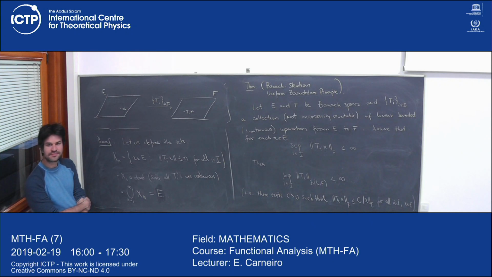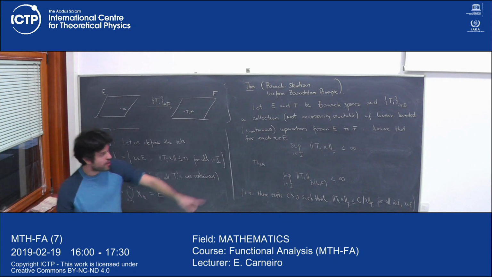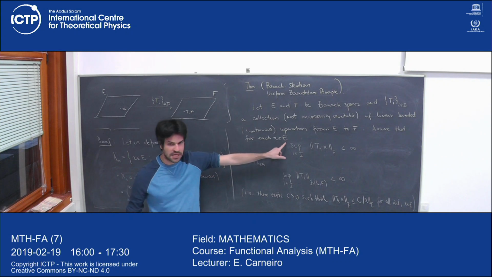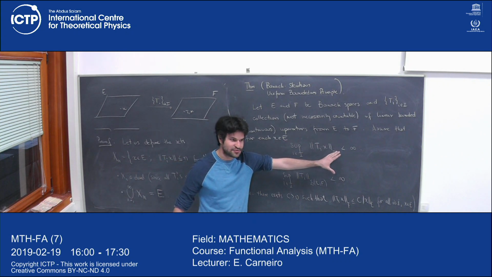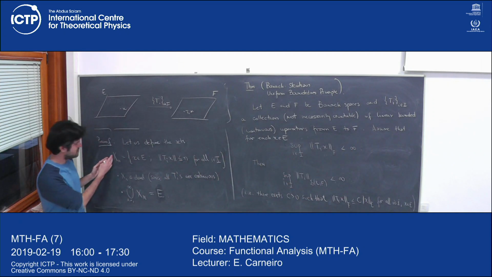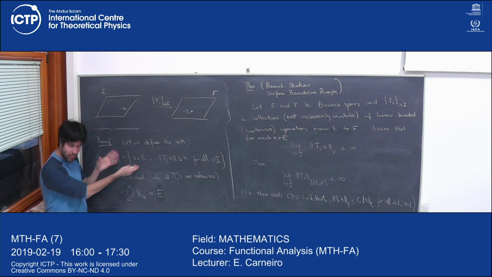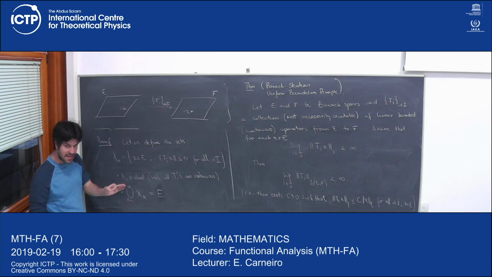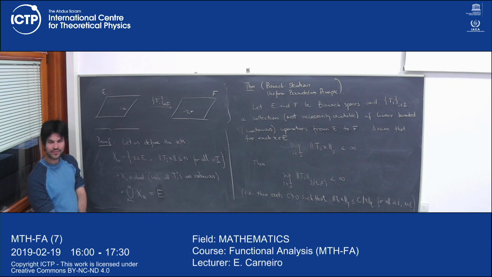Because for any point, we know that at some point it will be less than or equal to n. So this hypothesis here tells me that for any point in E, this supremum is finite. So therefore it will be less than something, less than a billion, and it will start being inside the X 1 billion. So for every point x, there is an n such that x belongs to Xn. And of course, these sets are all nested, right? So the union of all the Xn's is my whole space E. Good.